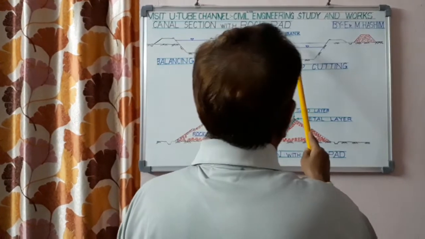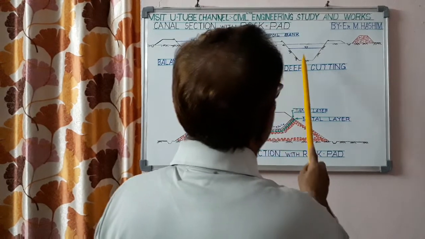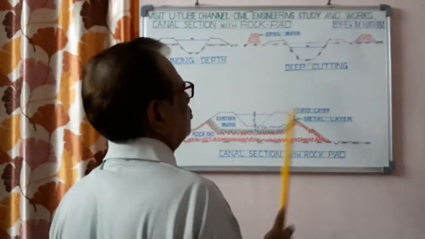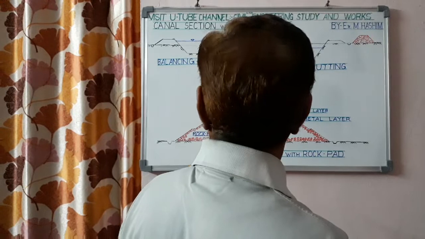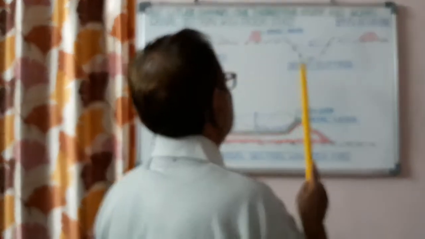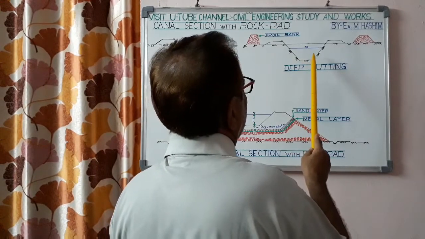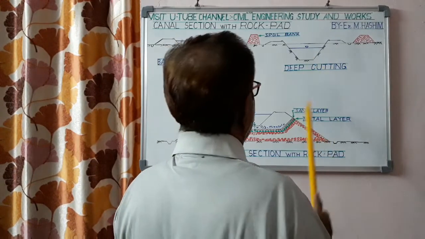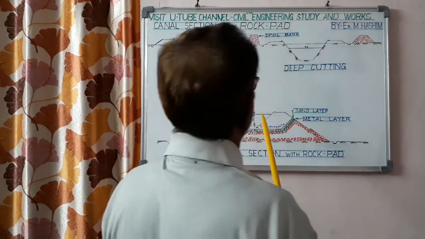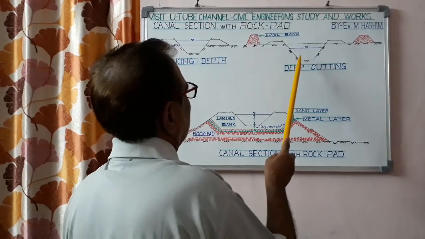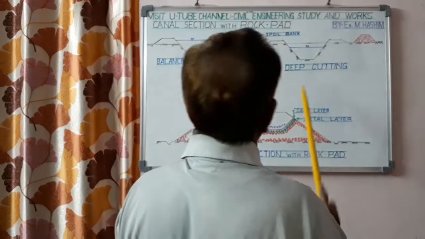If in the cutting section the total quantity of soil is available, then additional soil is transported to the filling section of the canal. If in cutting additional rock is available, then it can't be used in filling reaches. So in such condition, the rock spoils are stored in spoil banks.